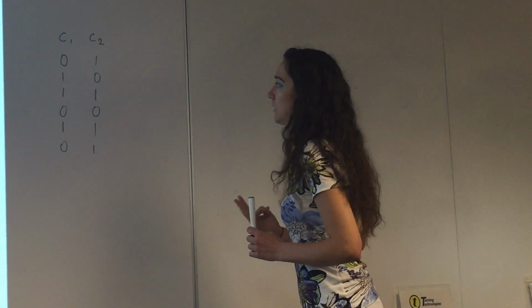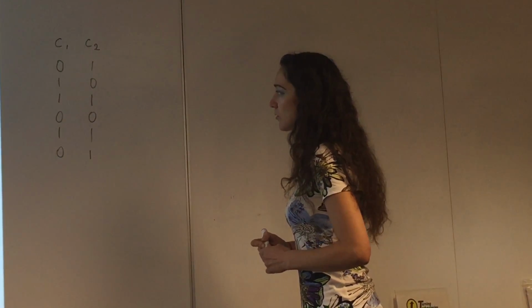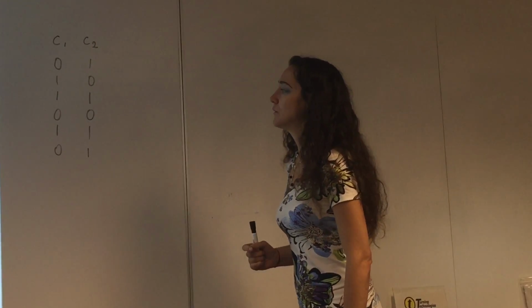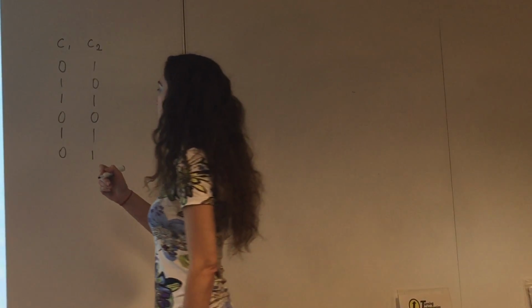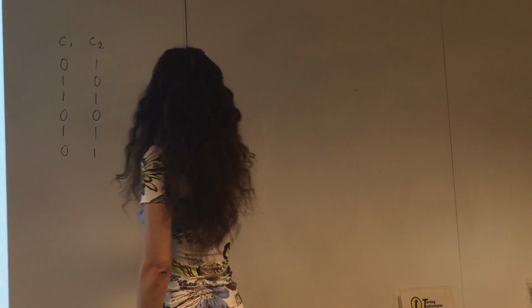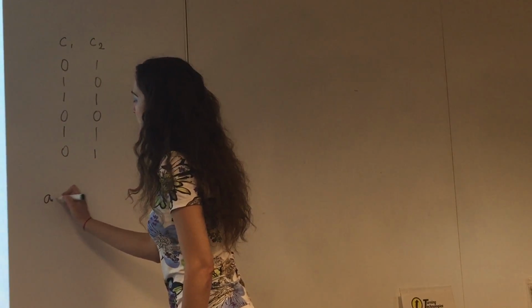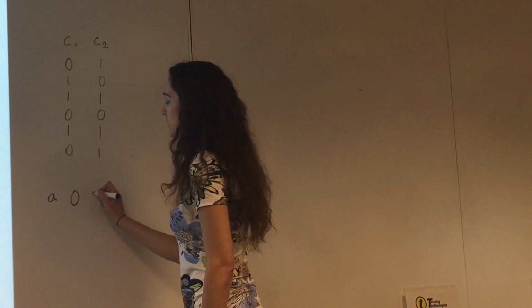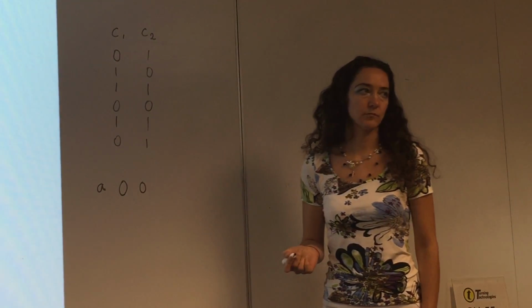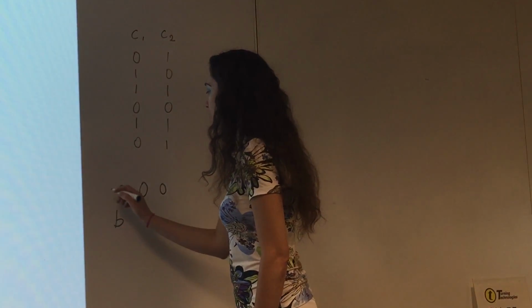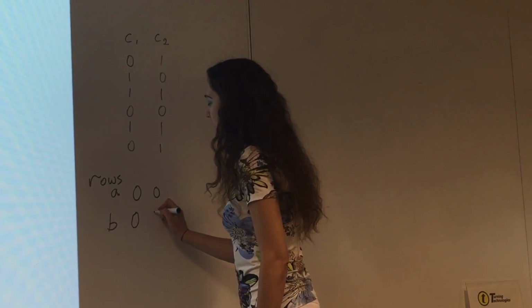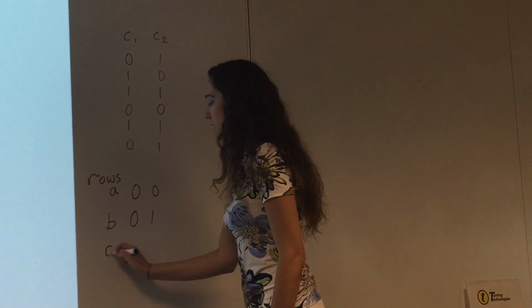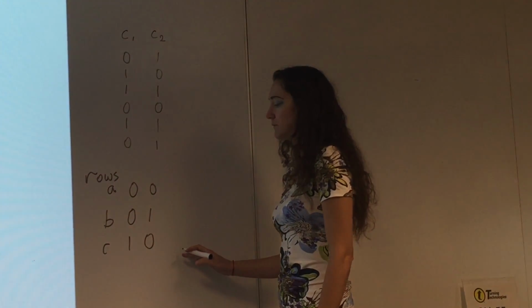If we are to compare those two, there are only 4 combinations of zeros and ones that exist. The first combination is type A, which means both of them are 0. Type B: one is 0, the other one is 1. C: the first is 1, the other one is 0. And D is that both of them are ones.